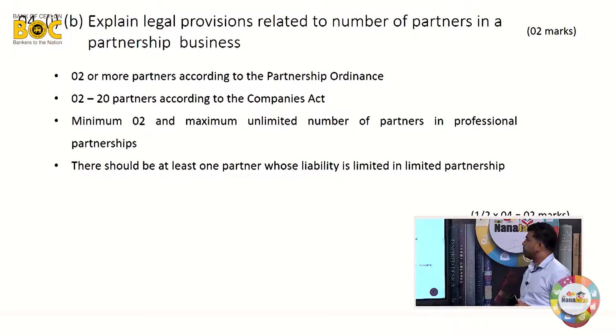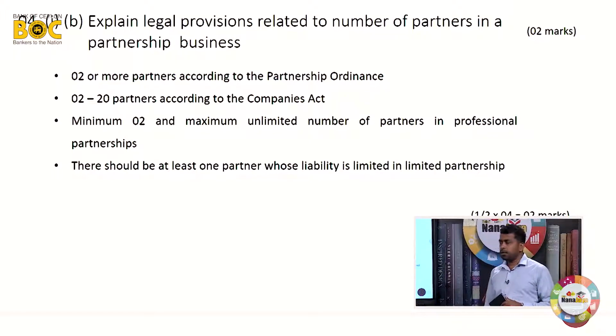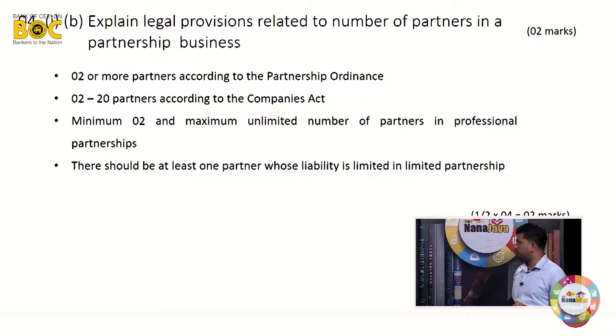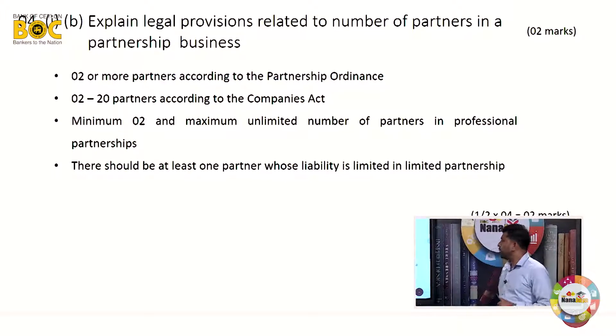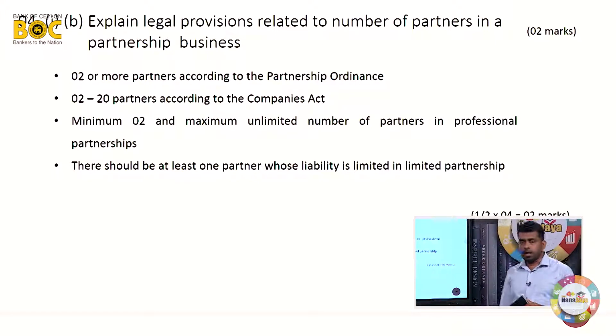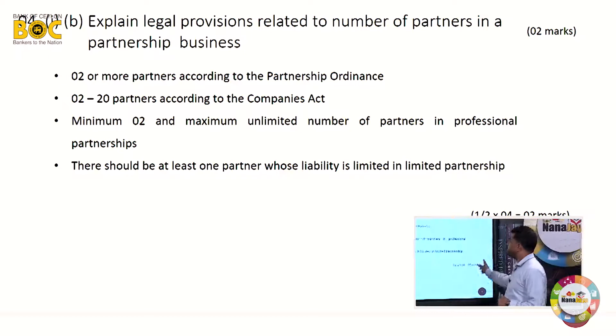In professional partnership, there should be minimum 2 partners and there is no limit for the maximum number of partners. If we consider limited partnership, there should be at least 1 partner whose liability is limited. Right. Let's move on to the next question.